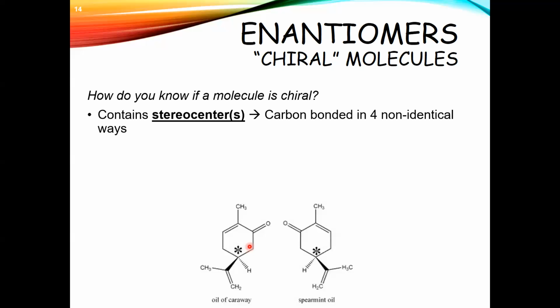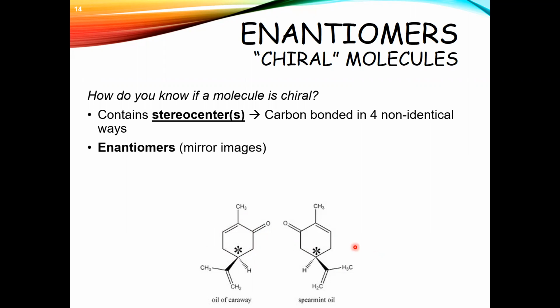So if I go one way around the ring, I'll run into the features in a different order than if I go the other way, then that's a different, non-identical way of binding. So then these are mirror images of each other that are not superimposable.